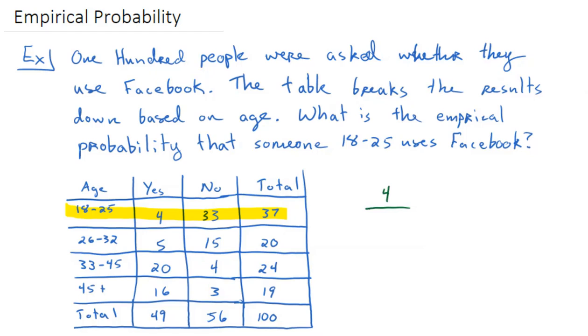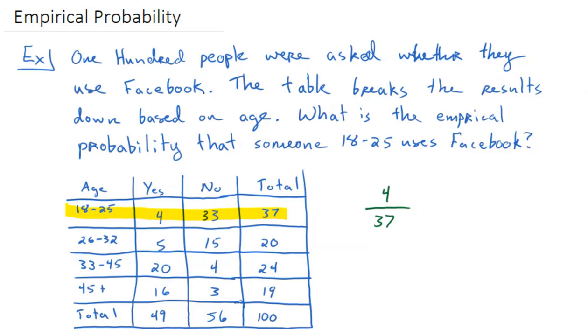Okay, and the denominator is the total number of results, but in this case it's the total number of results for someone 18 to 25 because it asked about that specific group. So that would be 37. It's a little tricky because it narrows it down to that group. So our event is, given that someone's 18 to 25, what's the probability that they use Facebook? So our empirical probability there is 4 out of 37.